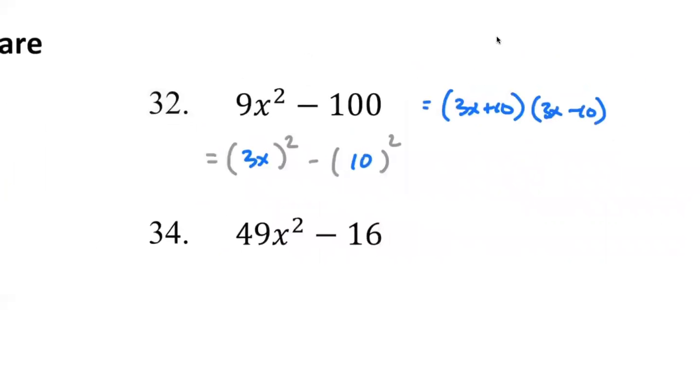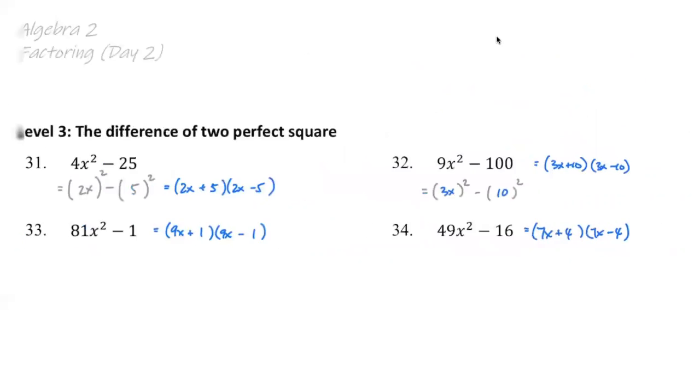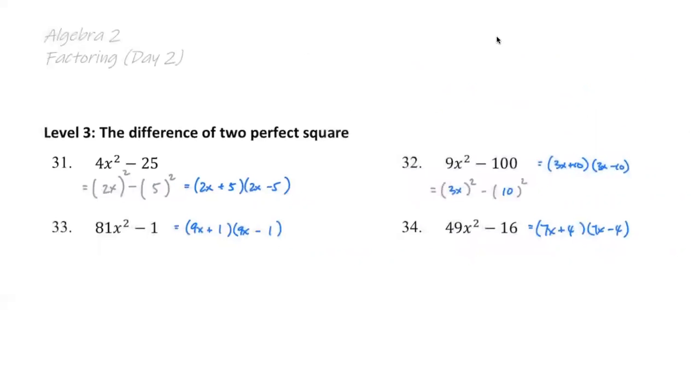And then number 34, the a term is going to be 7x, and the b term is going to be 4. So 7x plus 4, 7x minus 4. See how easy it is? It's really about how sensitive you are with these squared numbers.